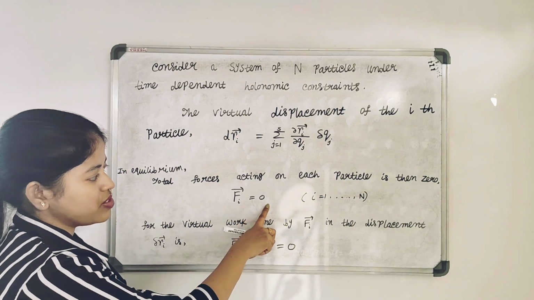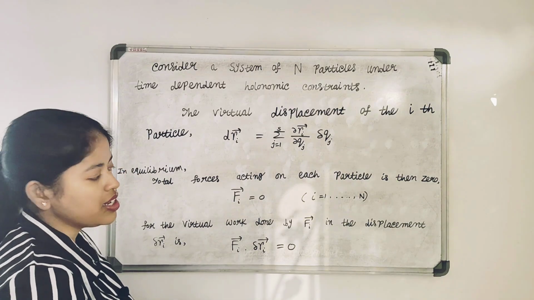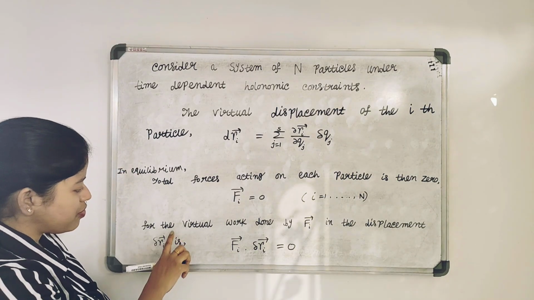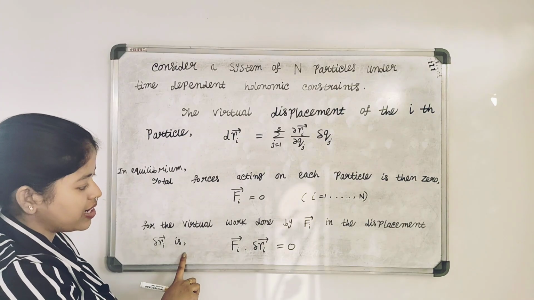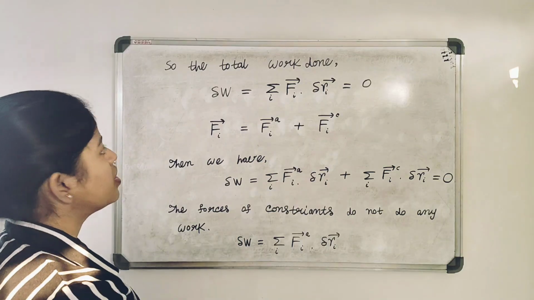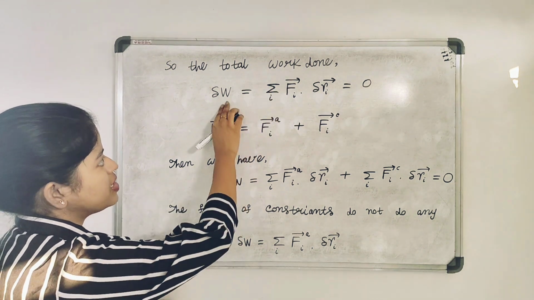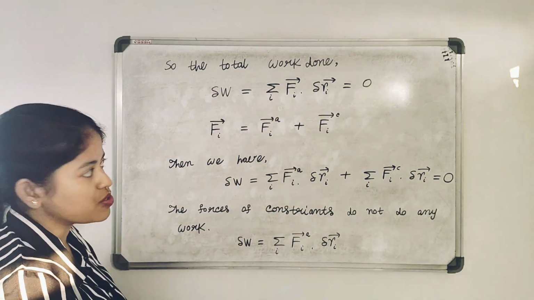So Fi is 0, which is the force applied on the ith particle, where i can be 1, 2, 3 up to n for an n particle system, and the virtual work done by Fi in the displacement δri is Fi dot δri, which equals 0 again. Now the total work done δW is summation over i of Fi dot δri, which equals 0.